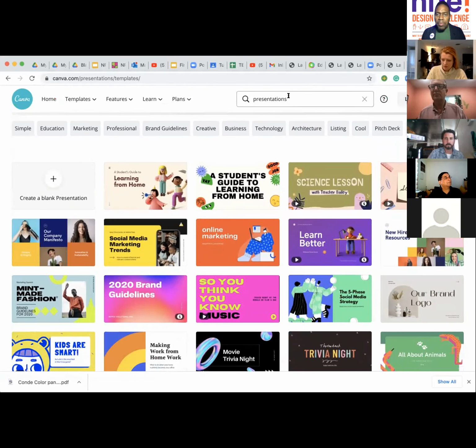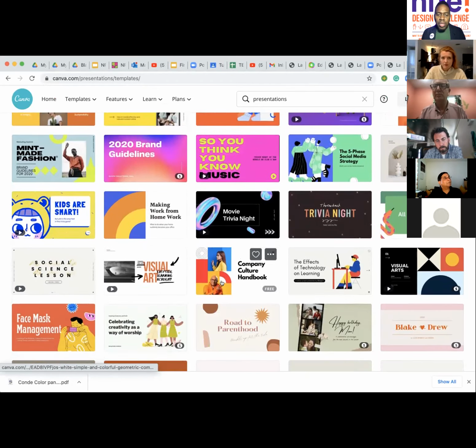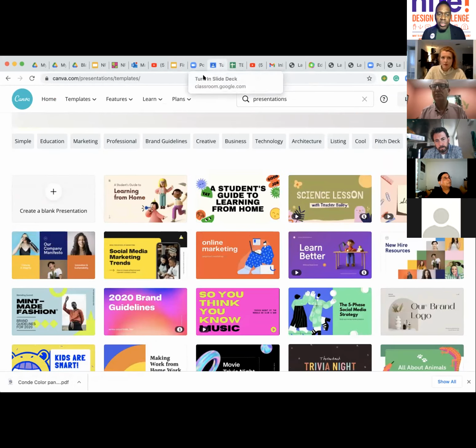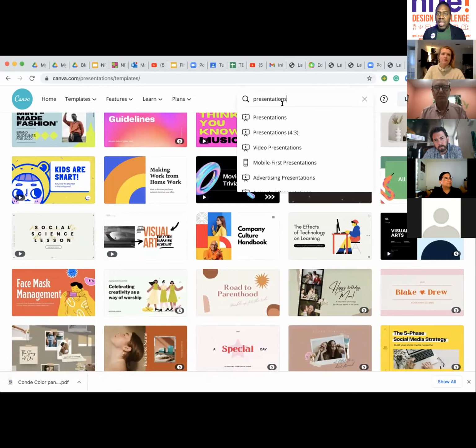Just put in the type of concept you want, and you can get a really cool PowerPoint template that you can work with. Then start transferring the information onto the main one that you're going to use for the competition. This is just a heads up, because you don't want to use the same slide deck that you use in NFTE. They want to see that this person used a slide deck that's customizable. They have all kinds of stuff. You type in whatever business idea, and they might have a slide deck just for that. Let's do Canva, or you can use any other templates that you want. Just a heads up.